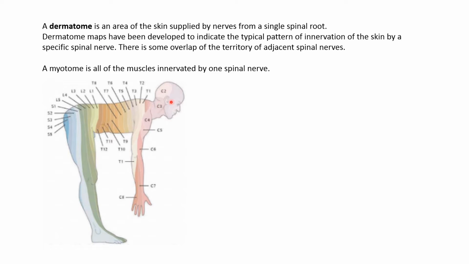If we look at the various levels of the body, we can see that it's broken up into various dermatomes, that is, regions of the body where sensation on the skin is conveyed into particular levels of the spinal cord, indicated here by cervical levels, thoracic levels, lumbar levels, and sacral levels.